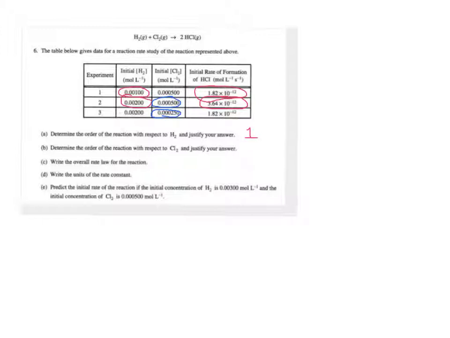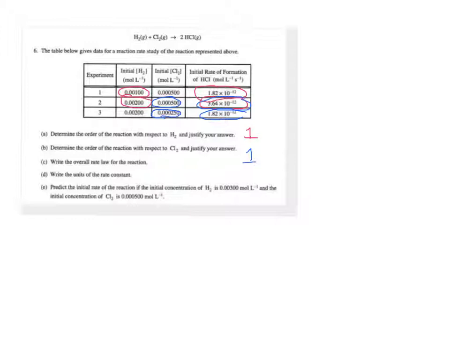And looking at the results, we see that the reaction rate also doubles from 1.82 to 3.64. Thus, the order of the reaction with respect to Cl2 is also 1.